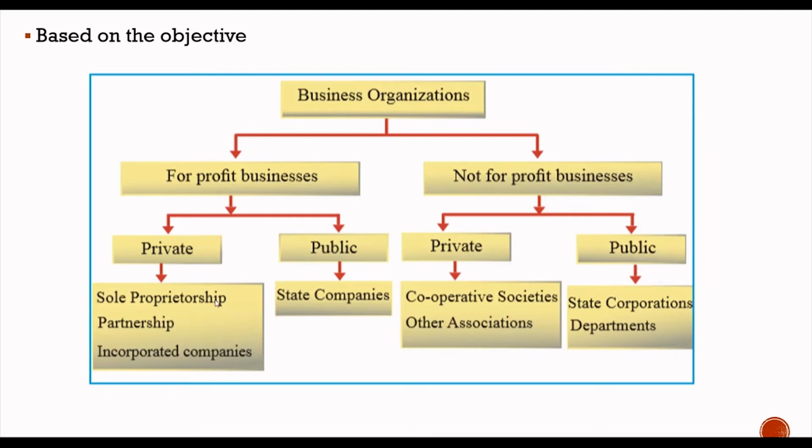So these businesses which are working for a profit are owned by the private sector. These businesses, though owned by the public sector, aim at a profit. While cooperatives and other associations, being private sector, still are non-profit, state corporations and departments in the public sector are non-profit oriented. So I hope you got an understanding of how we classify businesses.